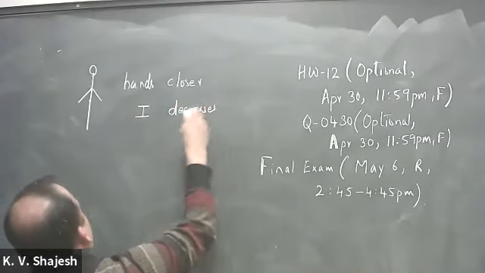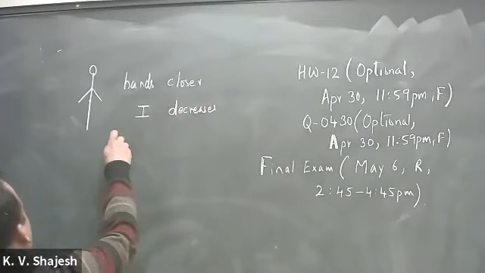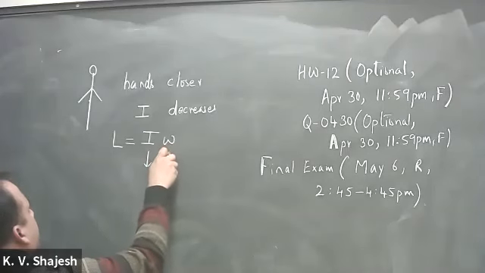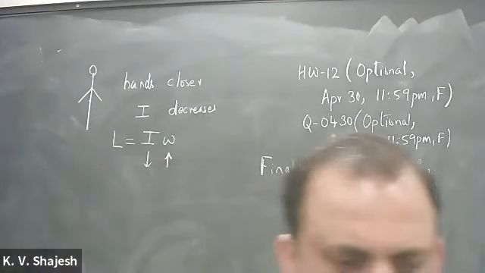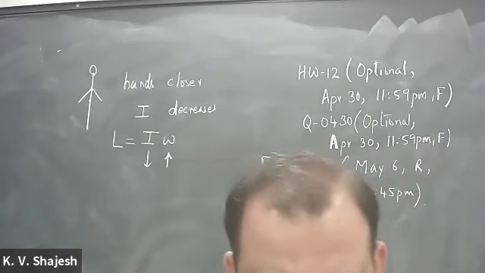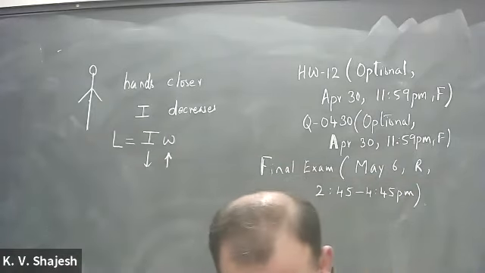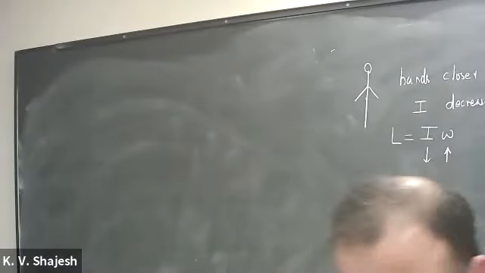Moment of inertia decreases, I is mass times radius squared. Since L has to remain the same, L is equal to I times omega. So if you decrease I, angular speed has to increase. So when you bring the hands closer, you start spinning faster around the axis which is passing through the body. Okay.